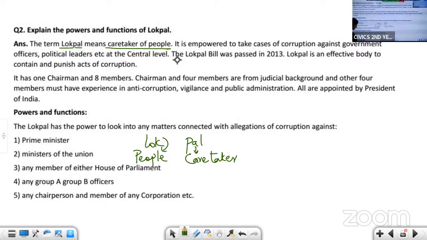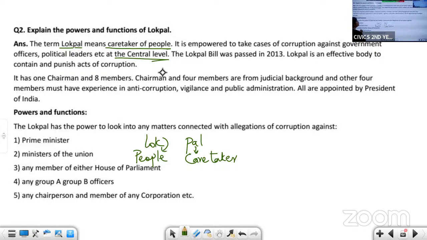This Lokpal is empowered to take the cases of corruption against government employees and political leaders at the central level, at the national level. If the government employees or the political leaders at the central level, the members of the legislature, that is Parliament, are involved in any corrupt practices, then the Lokpal will take up such cases.